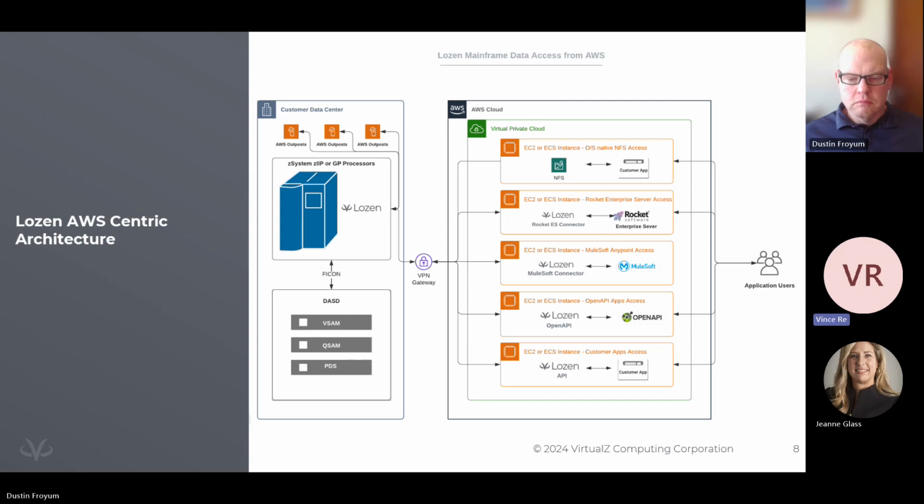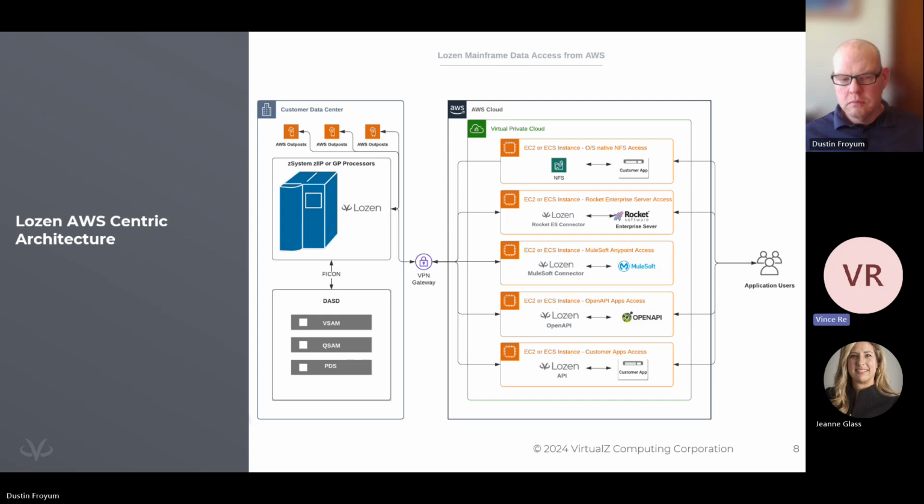Same thing for some of the other things you see on this slide. If you're a believer in MuleSoft and you're writing data integration flows, and one of your flows happens to need a few records out of a VSAM file, we give you a connector right in that development environment. You drag it into your flow, set up a couple of parameters: here's the data set I need to read, here's the records I want to read, and you're good to go.